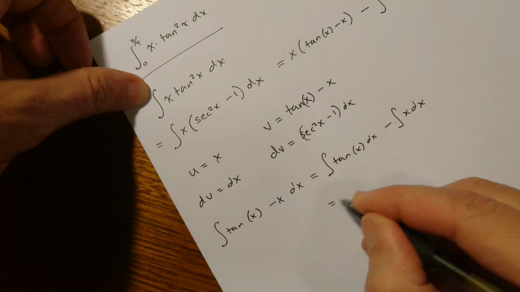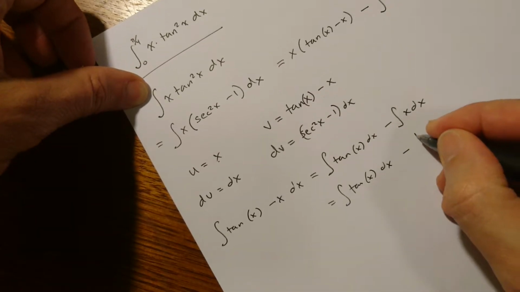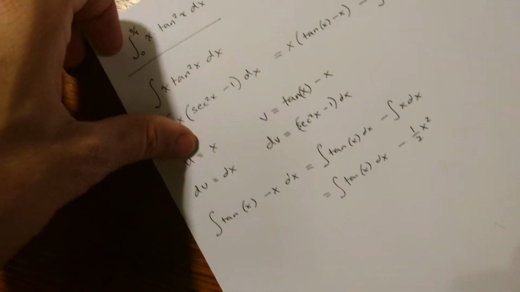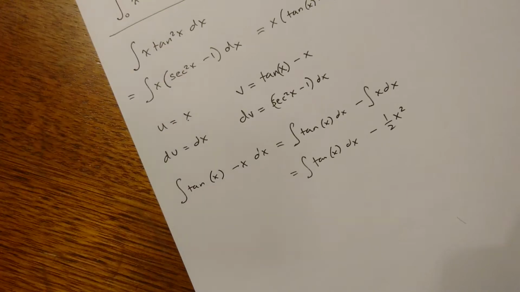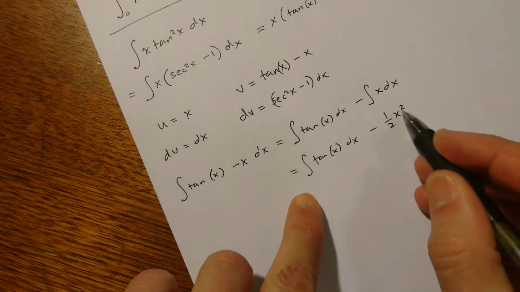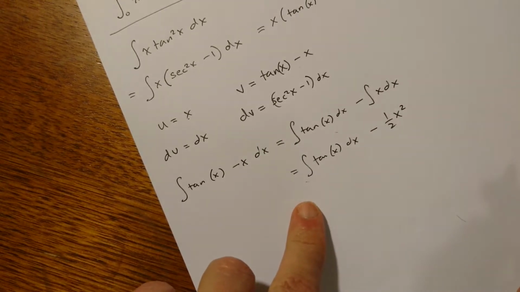This one's pretty simple to do. Tangent of x dx minus 1/2 x squared. I'm going to ignore constants of integration because I know at the end I'm going to be evaluating this, and when we evaluate it, those constants disappear anyhow. Okay, so now we've gotten this part out of the integral. We've got one more piece left to do.